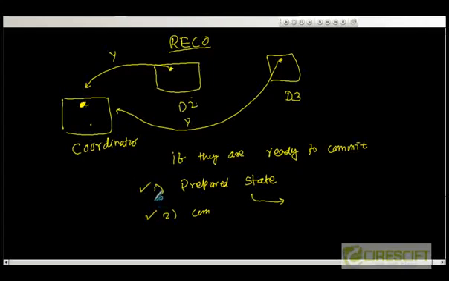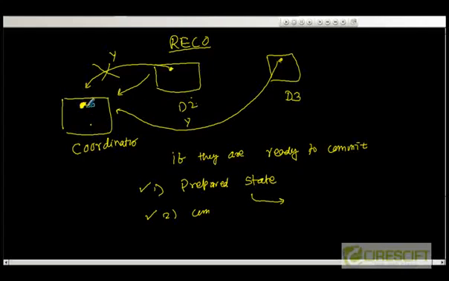But what happens if, after the prepared state, the coordinator tells D2 to commit and waits for the response on whether it has committed or not, and during that time the network connection between the two is disrupted? The coordinator is waiting for D2 to say if it has committed or not.